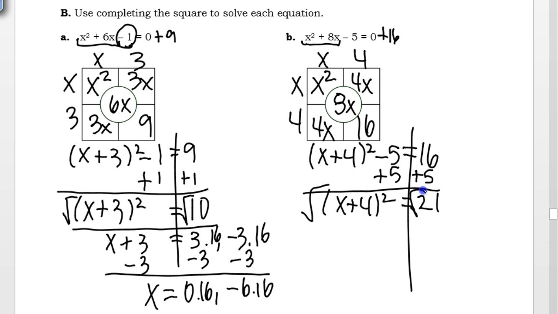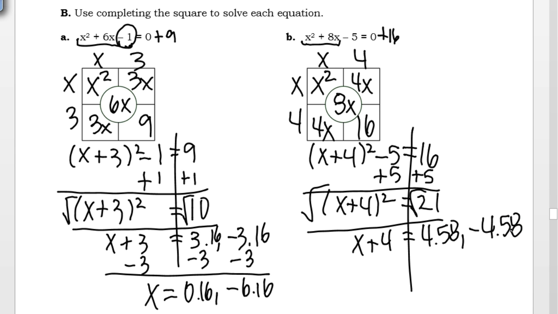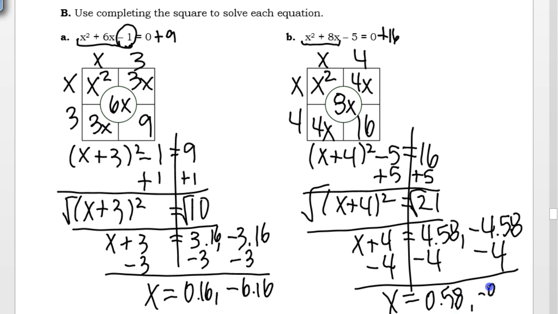Root both sides. After we root, we get both the positive and the negative version of the answer. Subtract 4 from both sides. And those are our two finished answers. That's a lot of stuff.